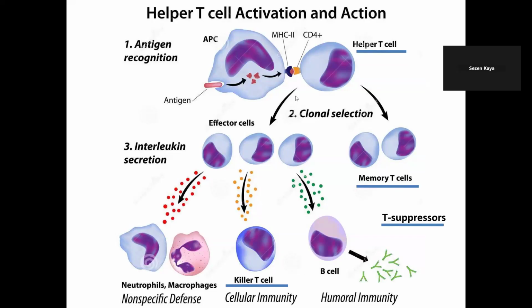Next, this is the way T helper cells work, their activation, their action. First, the antigen presentation cell receives the antigen and understands that something is wrong there. Together with helper cells, they recognize the antigen. A helper cell sends a signal to the effector cells and to the memory cells that already learned this antigen.